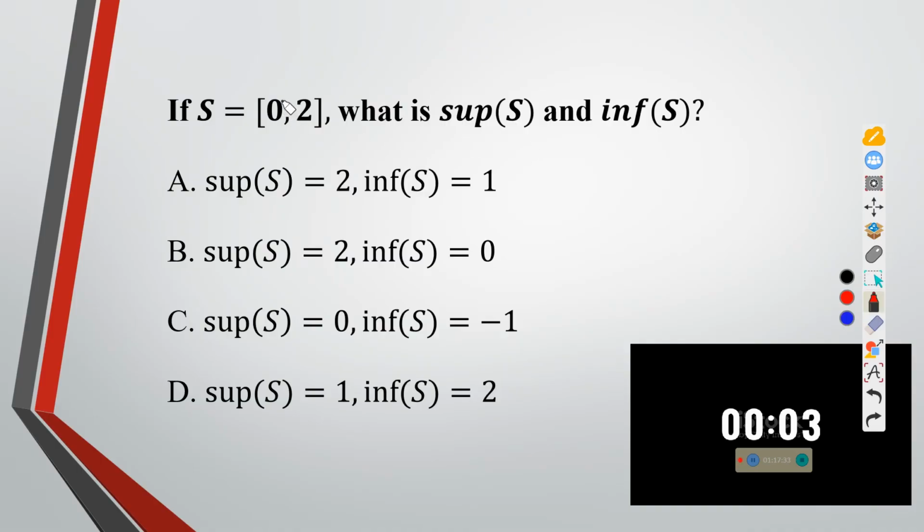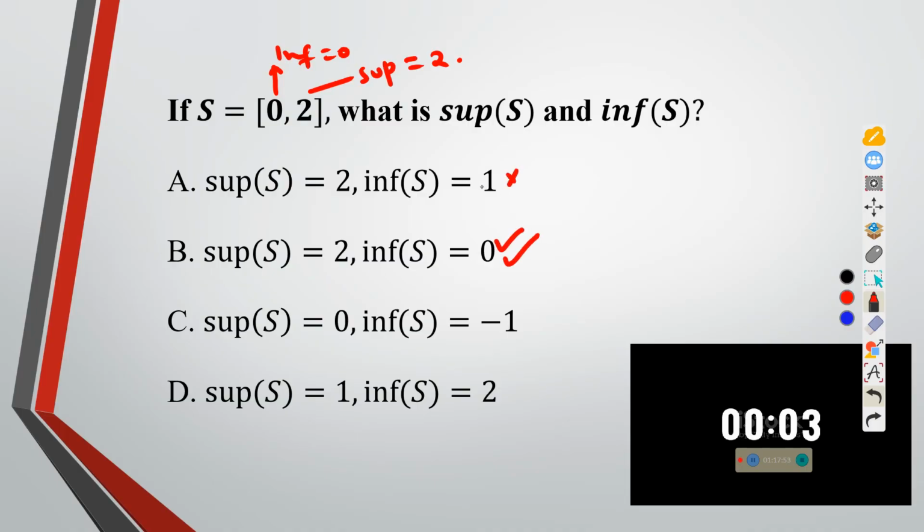This is a closed set. So we shall have the infimum as 0 and the supremum as 2. So infimum 0, supremum 2, that is part B.